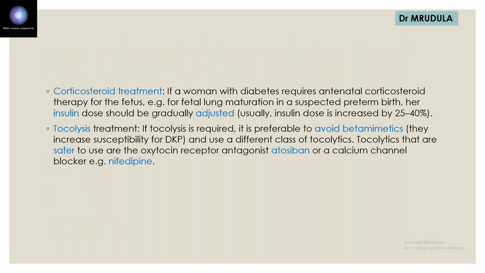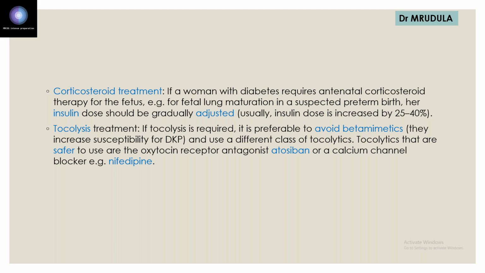Now, what happens sometimes with these diabetic patients, usually in pregnancy, corticosteroids are given for lung maturation. In that case, if the patient requires corticosteroids, her insulin dose should be adjusted. If she requires more insulin, the dose is increased by 25 to 40%.